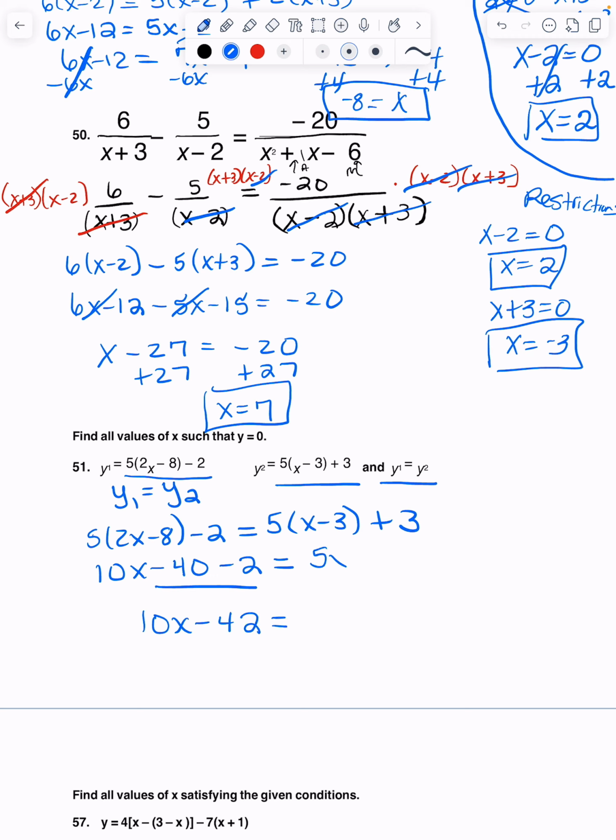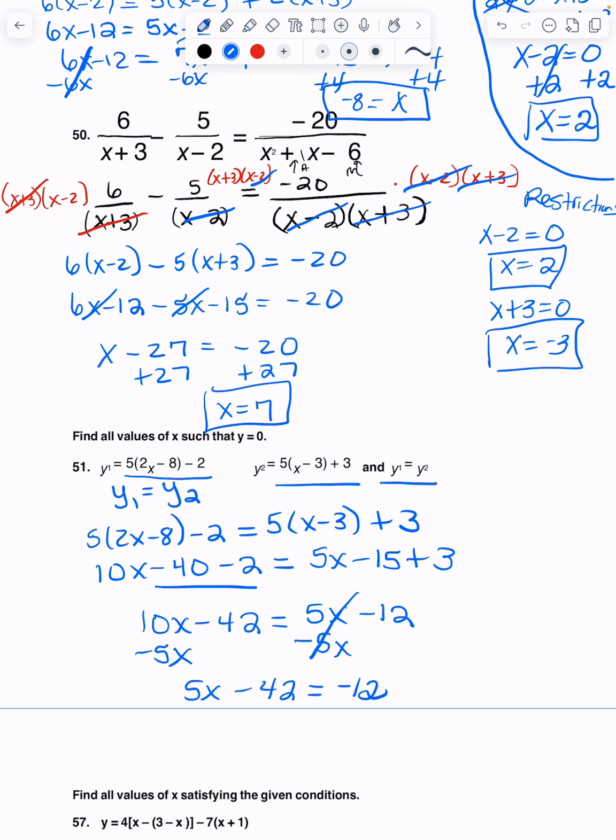We have 5x minus 15 plus 3. Adding negative 15 and plus 3, I get negative 12. Subtracting 5x from both sides, 5x minus 42 equals negative 12.